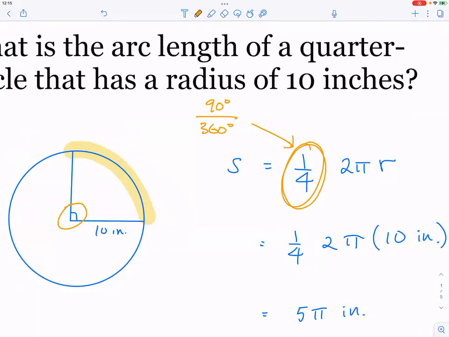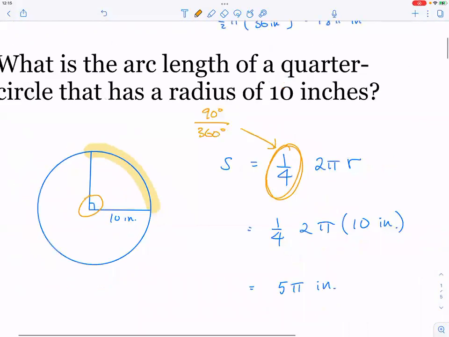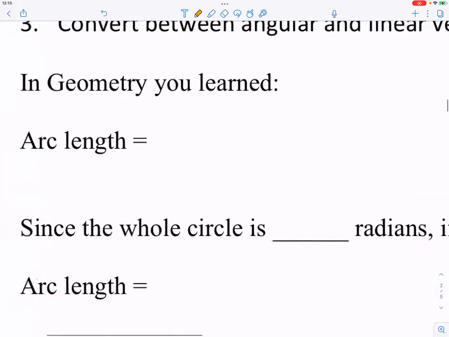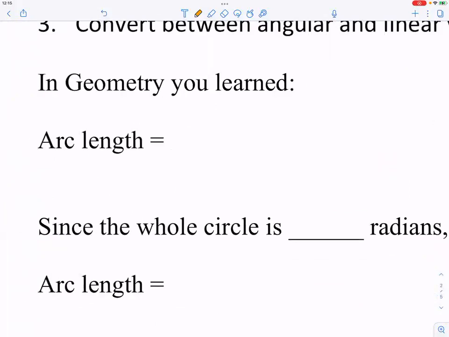All right, so we have two equations that we know already. We have the arc length equation, and we have the area of a sector equation. For the arc length equation, you can put a letter s right here. So arc length is basically theta over 360 times 2 pi r, right? That's what you learned back in geometry.